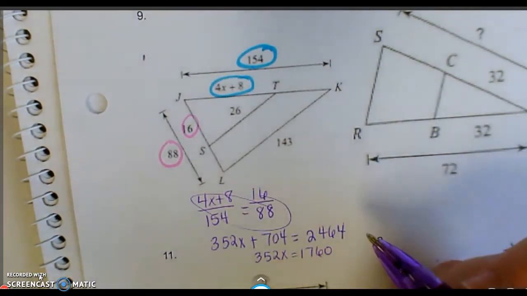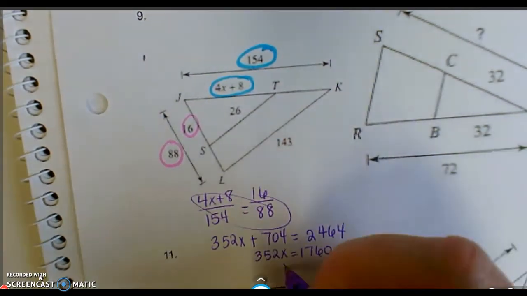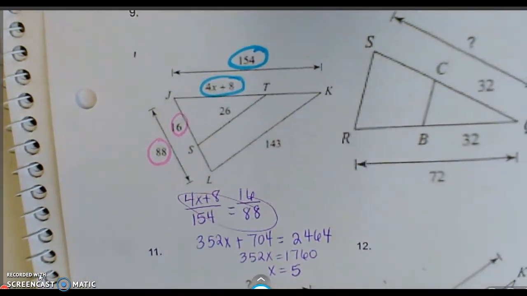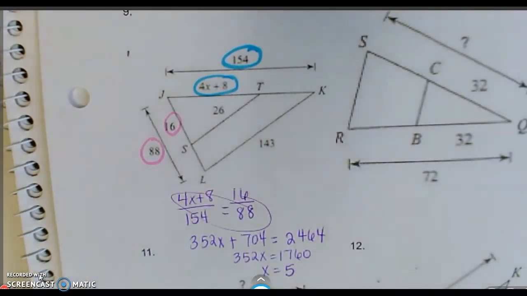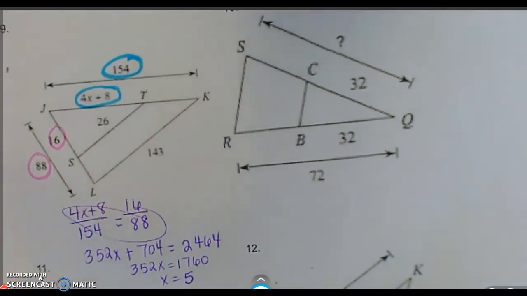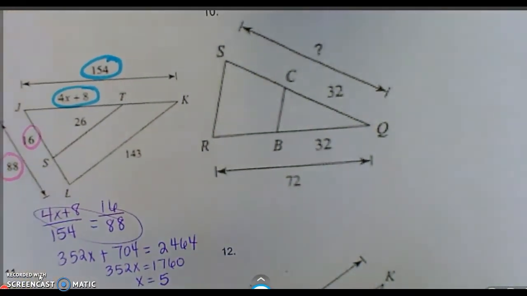And then divide by 352. Then I get 5. Every other problem is really the same thing. I will just show you real quick how to set them up in case that you're curious, but I think that you can solve these.